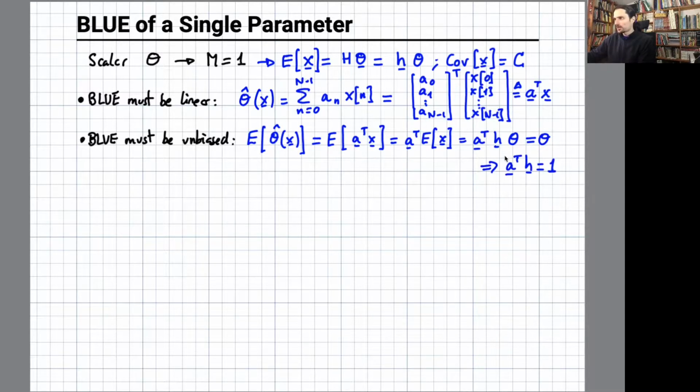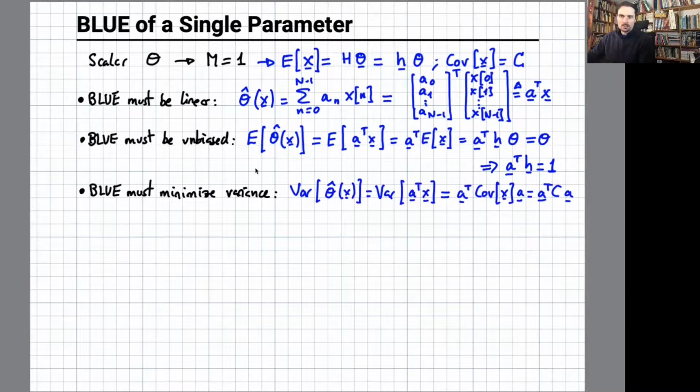Obviously, since this must hold for all values of theta, we need that A transpose H be equal to 1, okay?